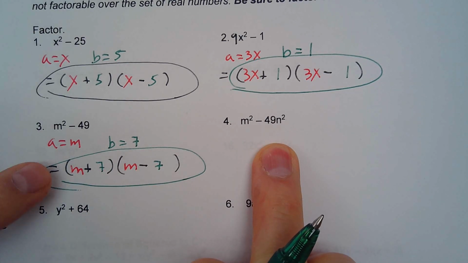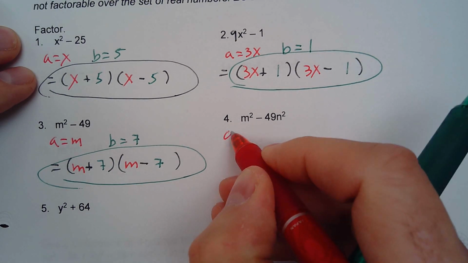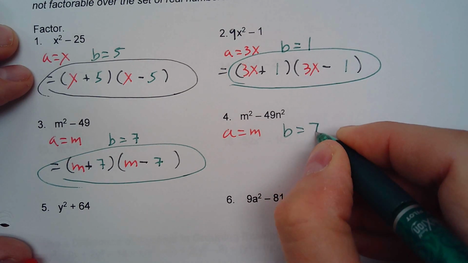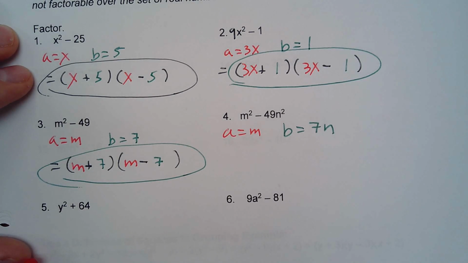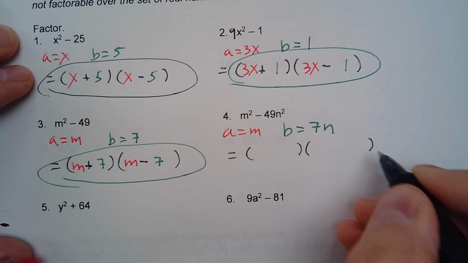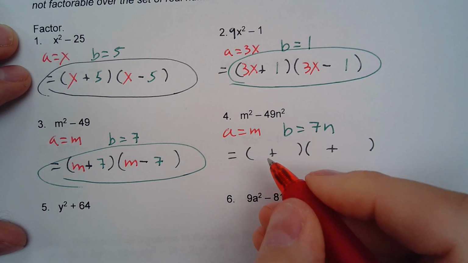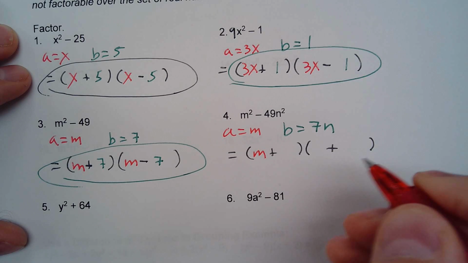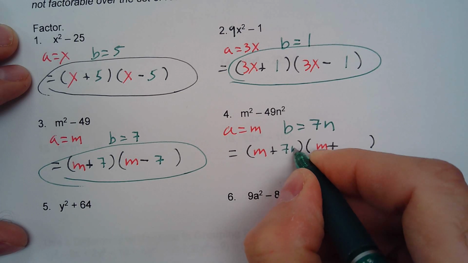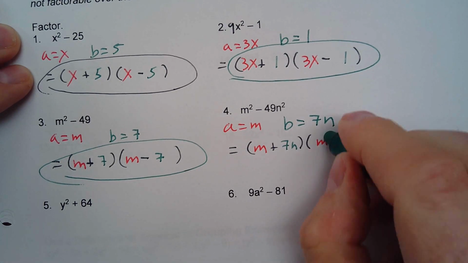Now this is almost exactly the same thing as this one, except when I do my b here, b is going to be a 7n. So when I write this out, it's going to look almost exactly the same as the last one, except I'm going to have a 7n for the second term of each binomial, and this needs to be a subtraction.